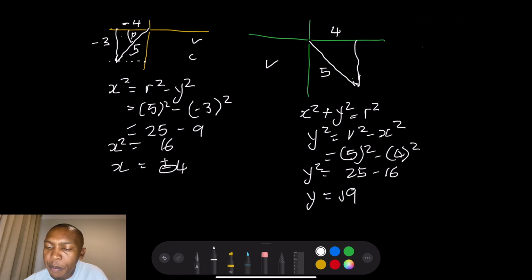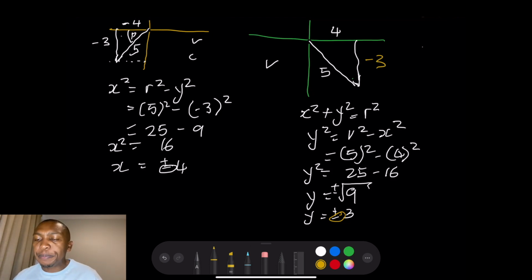But remember, we're going to take the square root, that's plus or minus. So y is equal to plus or minus 3. But we need to choose one. So which one are we going to take? Are we picking the positive or the negative value? It's definitely going to be the negative one because y is negative in this particular instance.